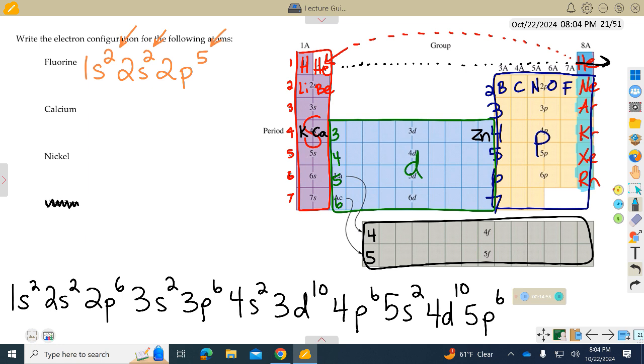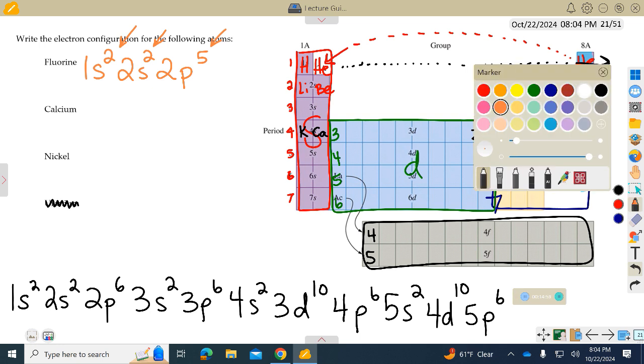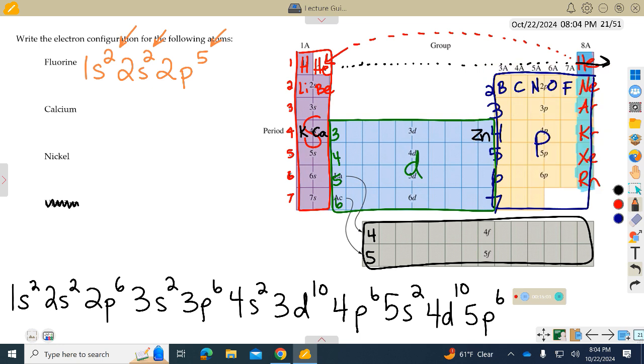And what we can do for a little shortcut is to say, all right, let's say I want to do the configuration of calcium. So here's calcium, number 20. Do you remember the shortcut that you can go backwards to the previous noble gas? So the previous noble gas from element 20, calcium, would be argon 18.